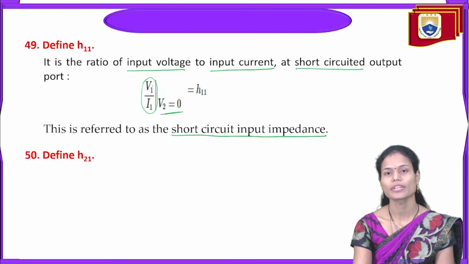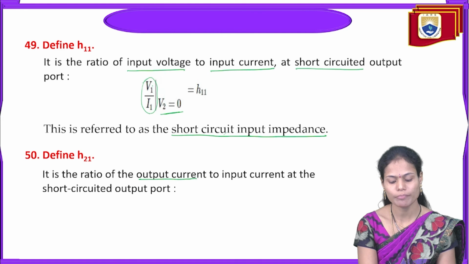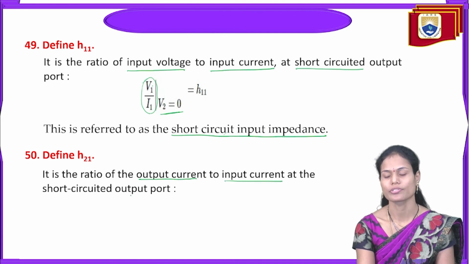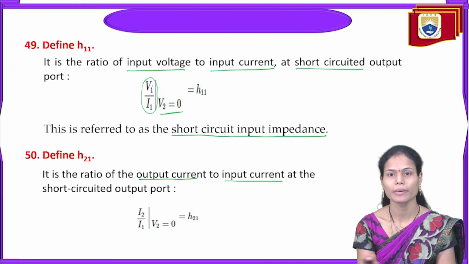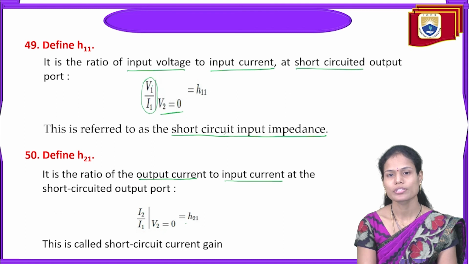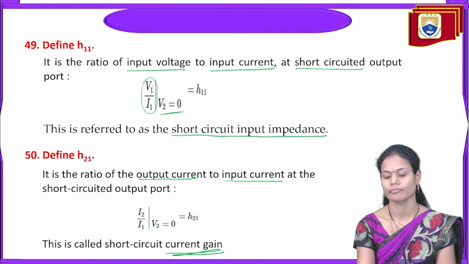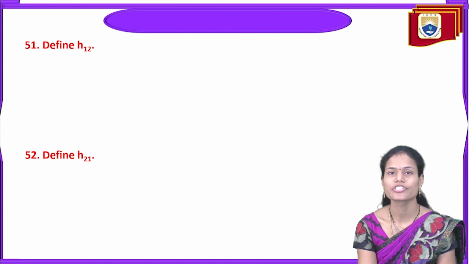And next, define H21. It is the ratio of output current to the input current when the output port is short circuited. That is nothing but I2 by I1 whenever V2 equals 0. So it is called the short circuit current gain. And next, define H12.